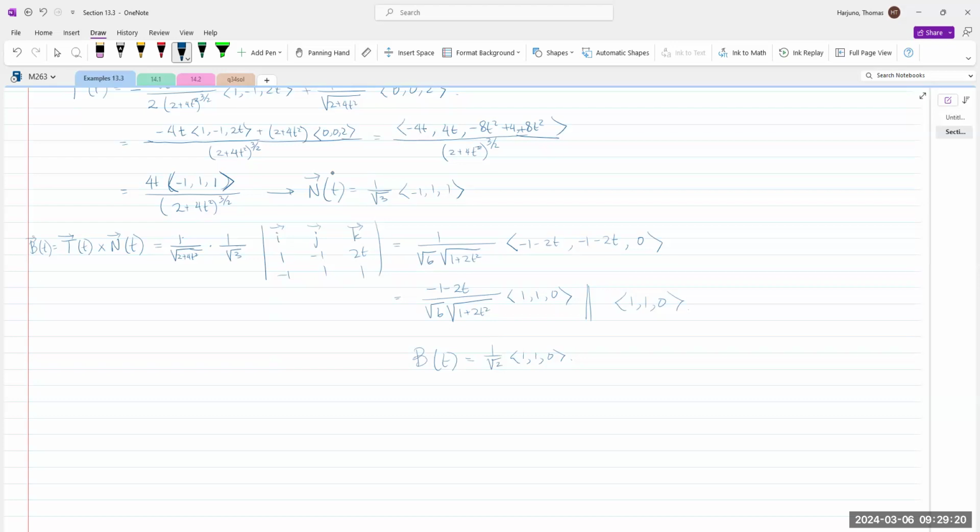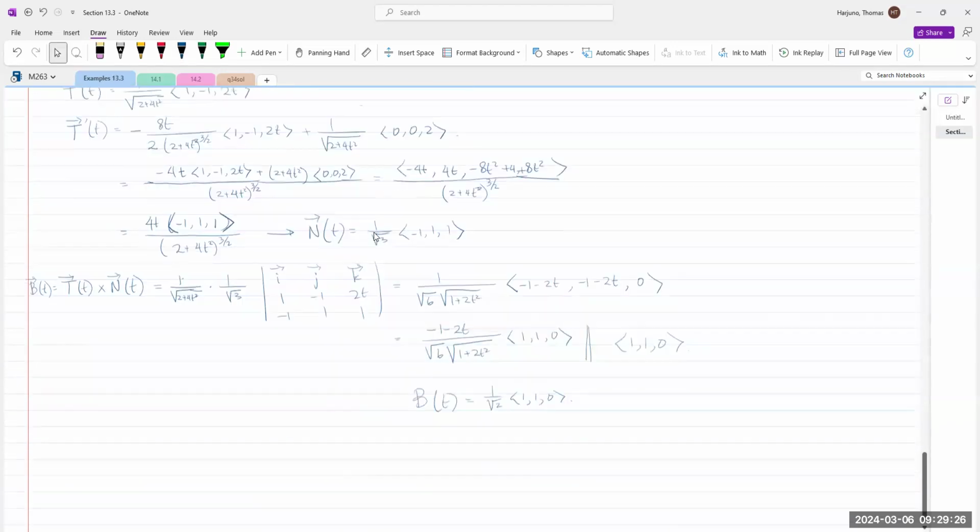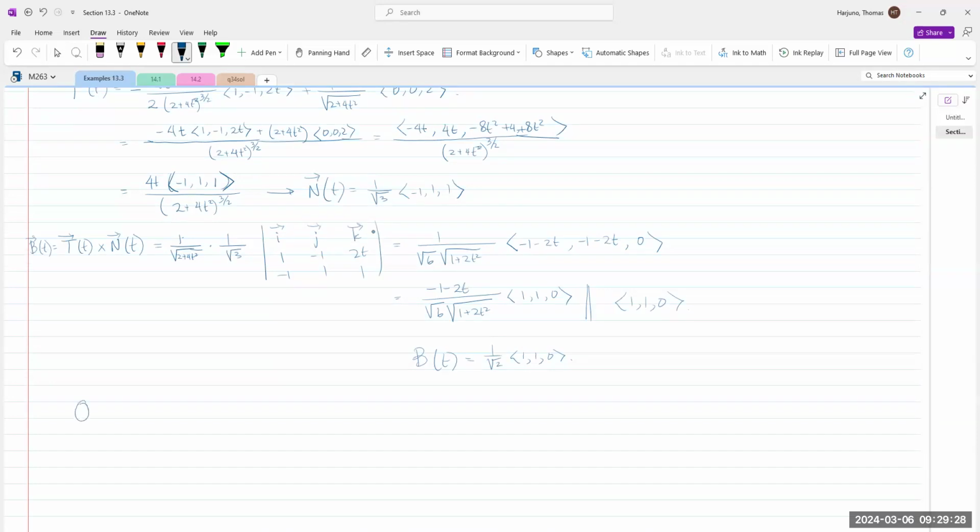Now then, which plane is that? It must be parallel to, so the osculating plane, which is normal to B, right?